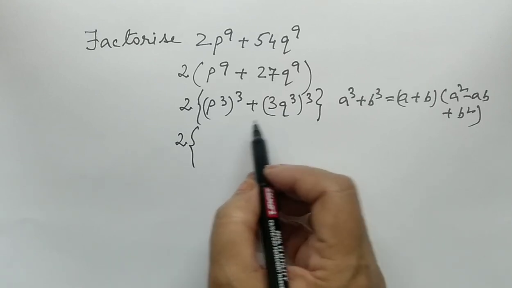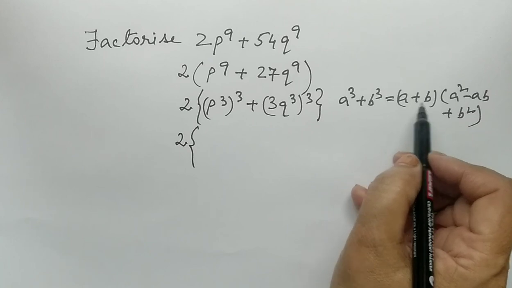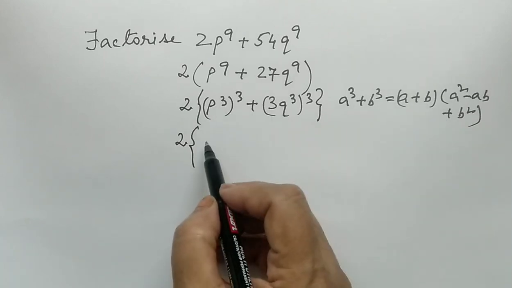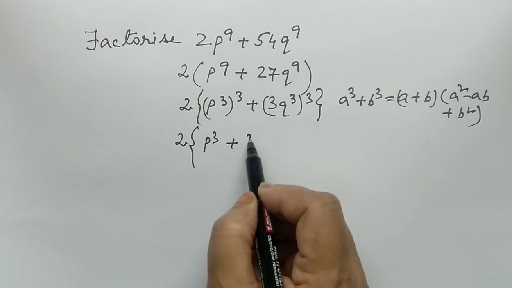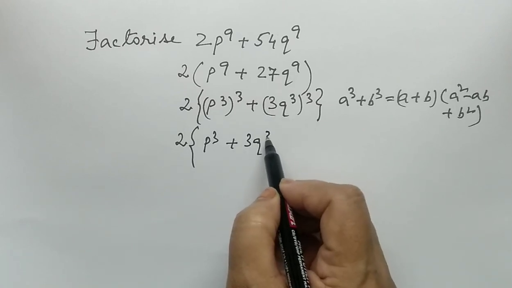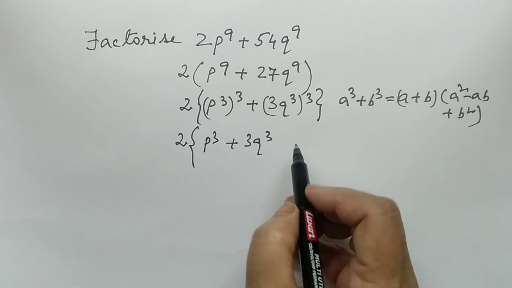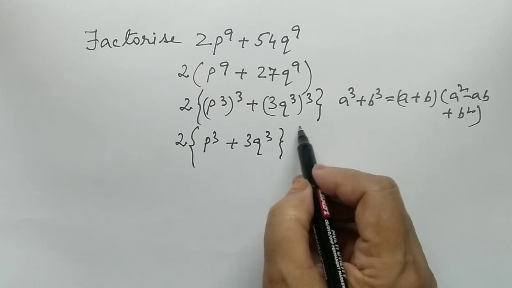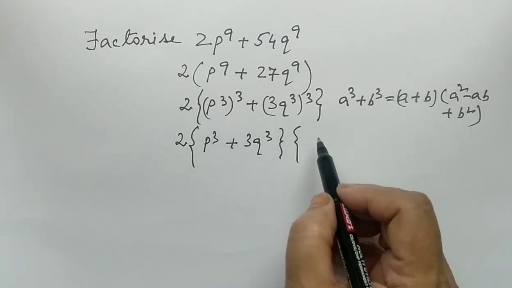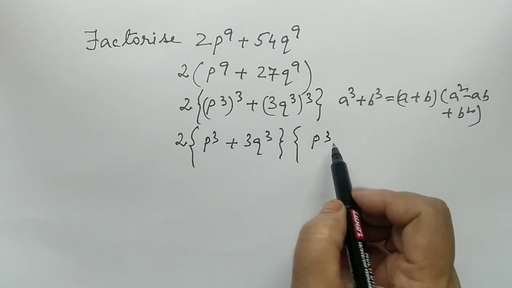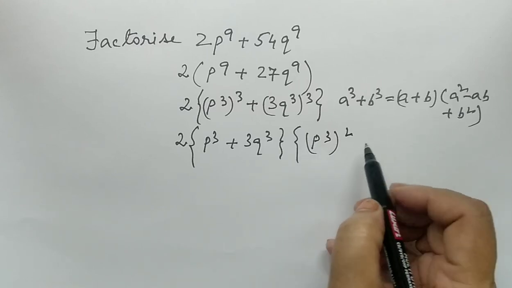Okay, now let's do our a plus b. My a is p cube and my b is 3q cube. All right, so this is my first one. Second one will be a square. P cube is my a, which needs to be squared.